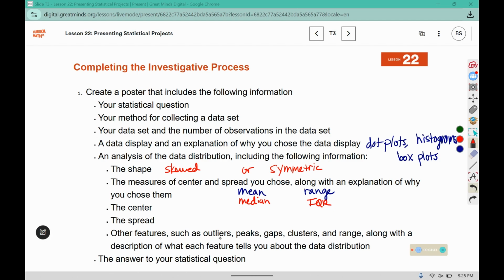And other features such as outliers, those are the ones that we talked about being outcasts, off in the distance by themselves. Peaks, like in a dot plot when there's multiple of the same value and they get stacked really high. Gaps, clusters are big groups of data, and range, along with a description of what each feature tells you about the data distribution. And then you are going to answer your statistical question.